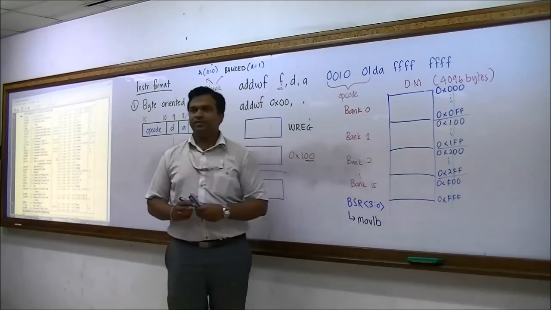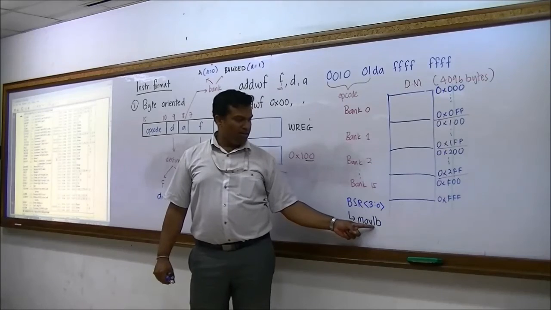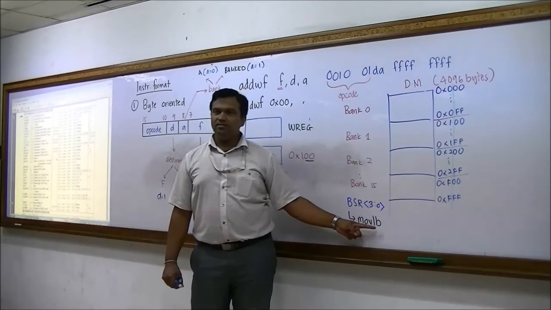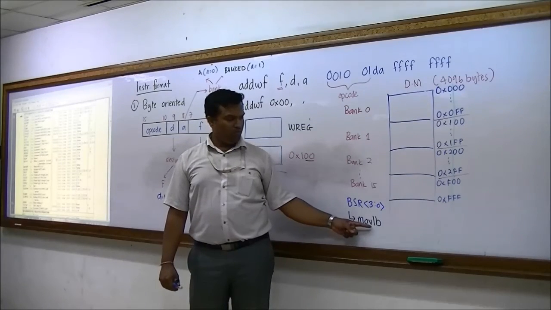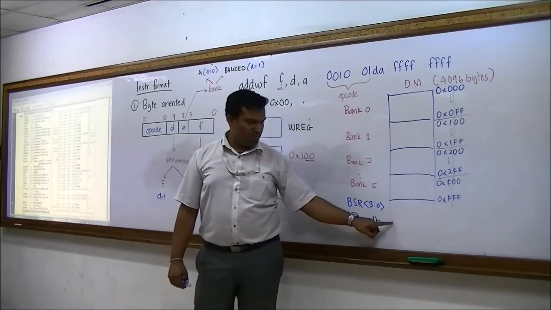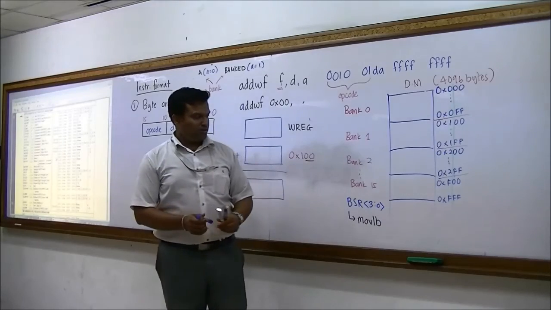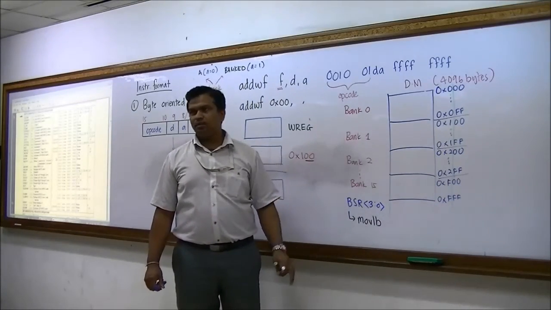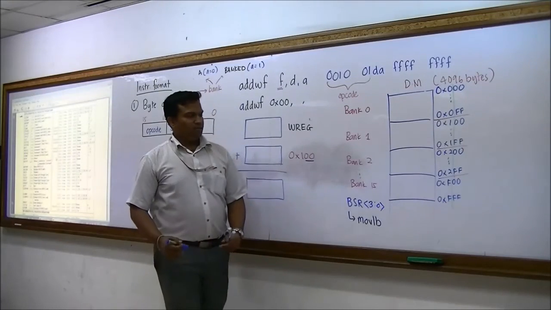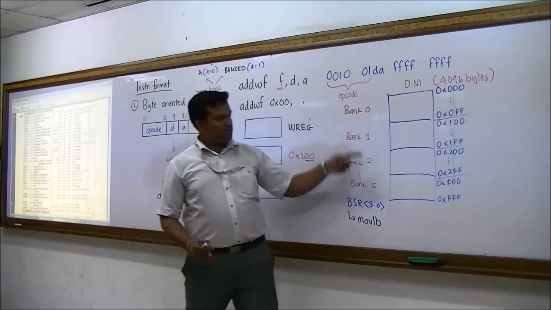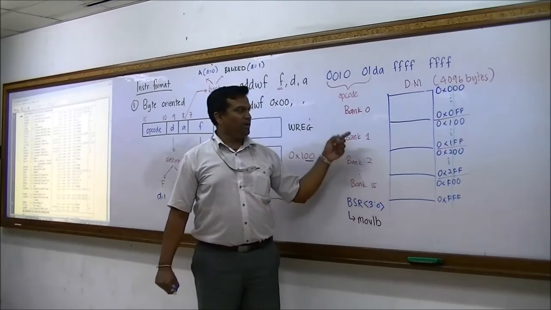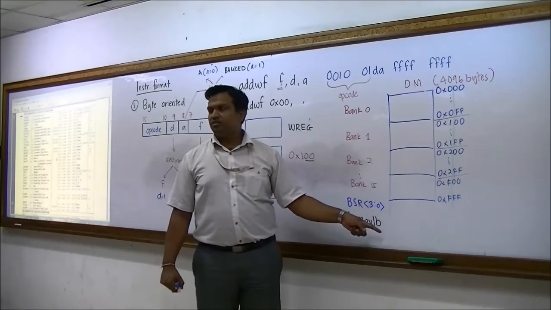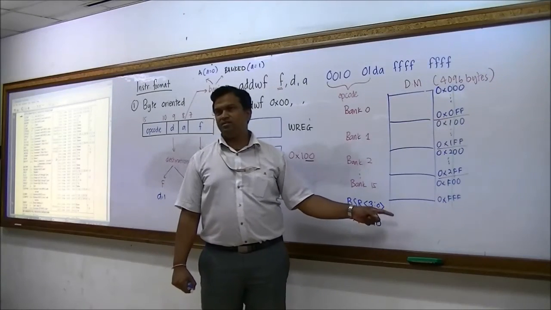Move literal value to bank, MOVLB. Then you fill in a value, which is the bank that you want to activate. If you want to activate bank 0, you write 0. If you want to activate bank 1, you write 1. 2 means 2, 15 means 15 decimal or hex F.